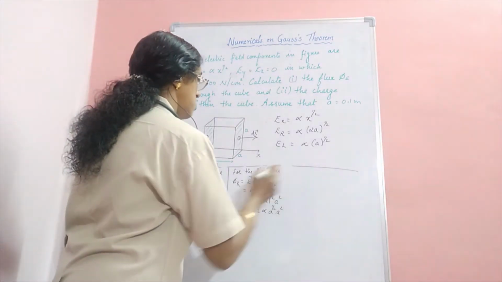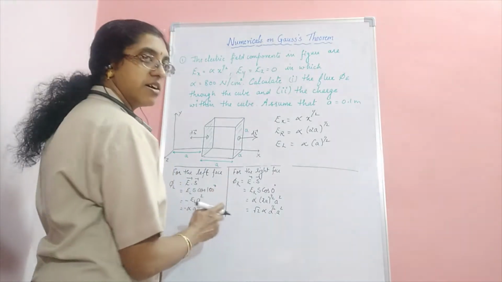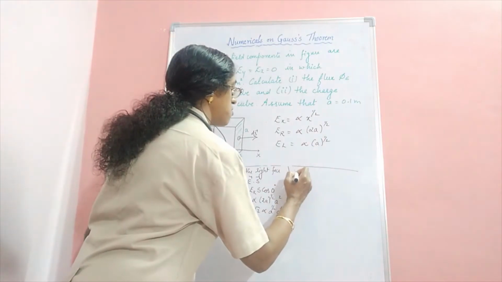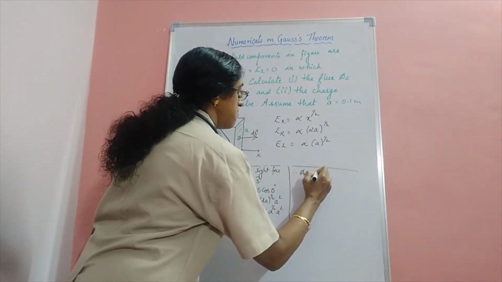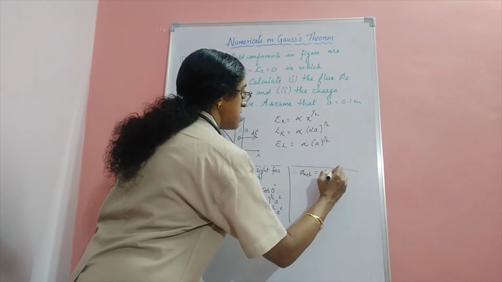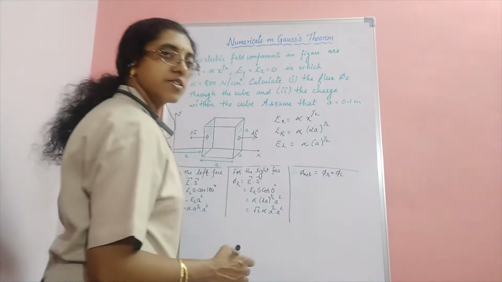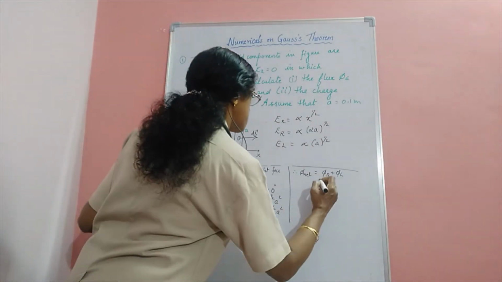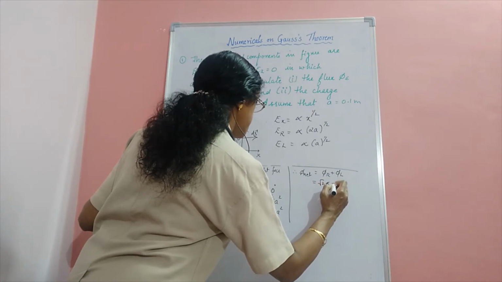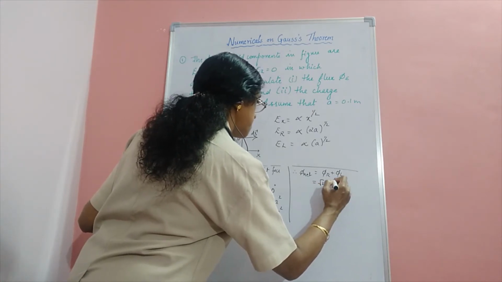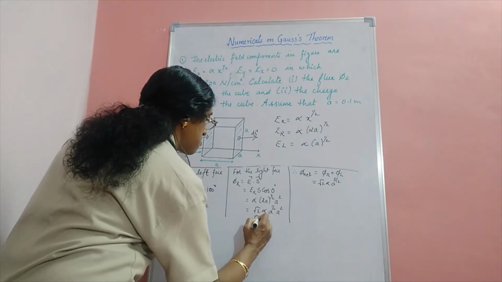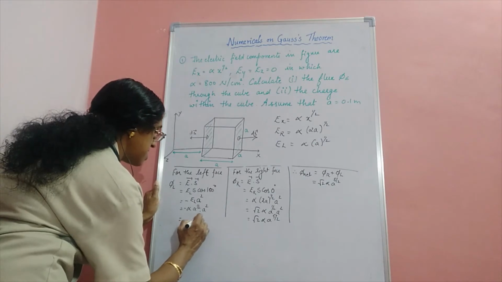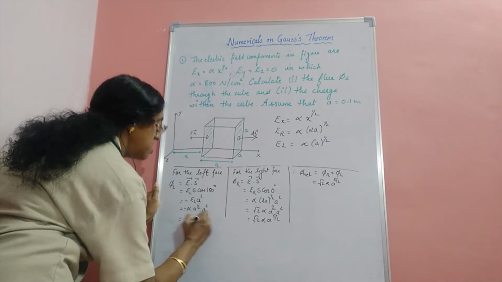Now, we have calculated for the left face and the right face. Now we'll calculate the net flux. Therefore, phi net will be equal to phi R plus phi L. That's the net flux. Phi R is equal to root 2 alpha A to the power of 5 by 2, and phi L is equal to minus alpha A to the power of 5 by 2.